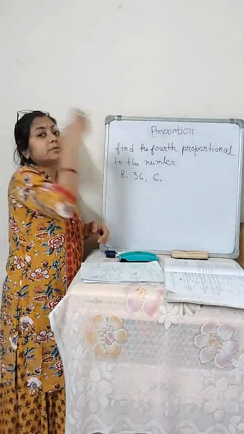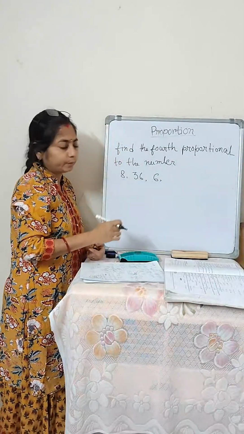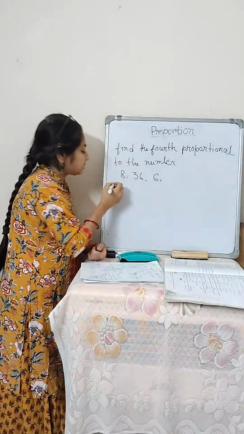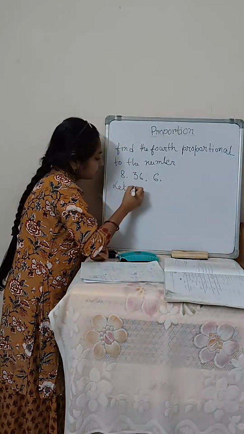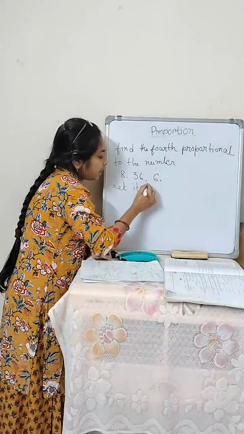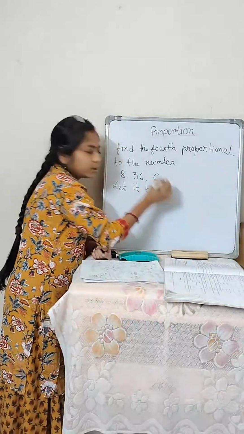Fourth means the last number. You do not know it, so first I write, let it be x. Normal method.